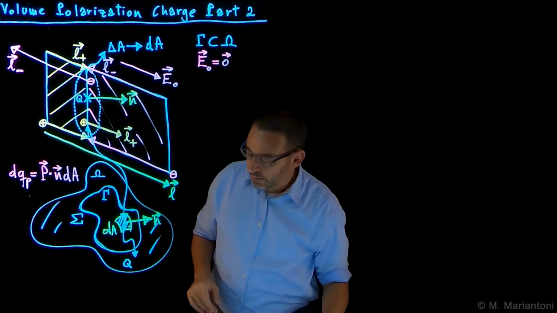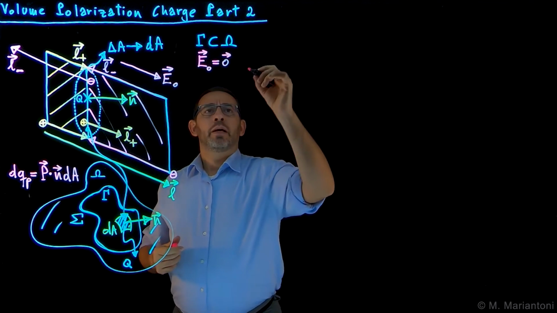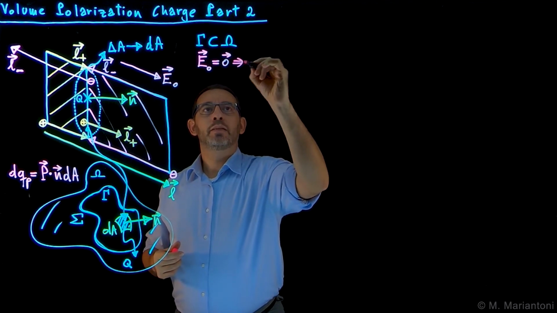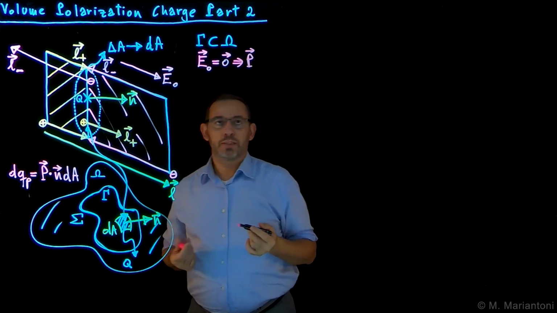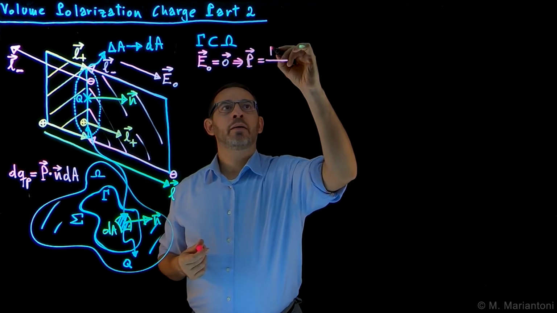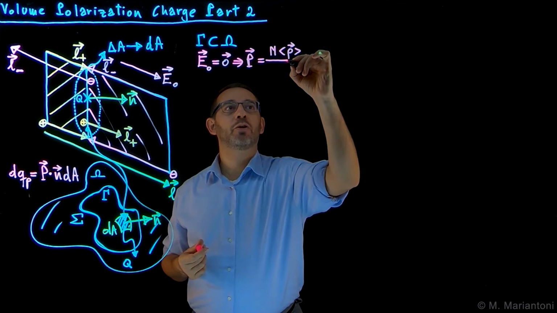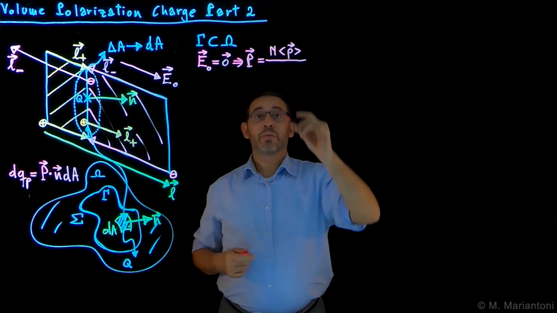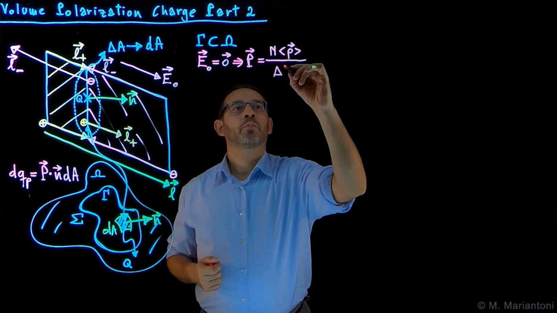So in the case E naught is equal to 0, in this specific case, the polarization vector P at any point Q, how do we compute it? Well, on average, we can compute it as capital N, the number of molecules, times the mean value of P, the average dipole moment, divided by delta V. Is delta P over delta V, okay?